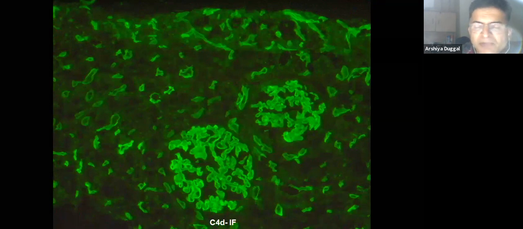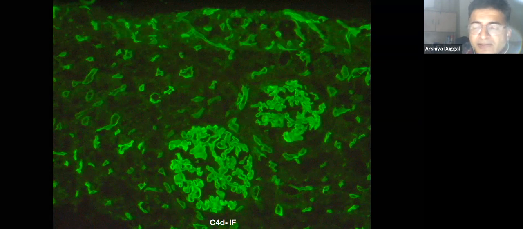We have to remember one important thing. In many cases of acute AMR, you are not going to see C4d staining. C4d could be negative also. So morphology plays a significant role. On morphology, it could be that all three things will be there, or there will be one or two things. It is possible that there is ATN along with TMA, or there is a vascular rejection.